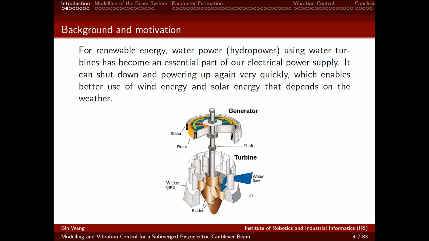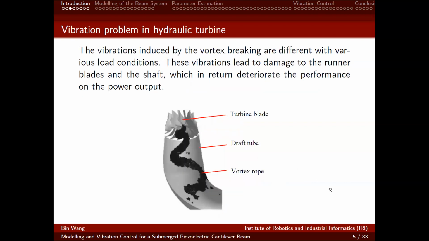The main problem in these rotating blades is vibrations. The vibrations induced by the vortex breaking are different with various flow loads.